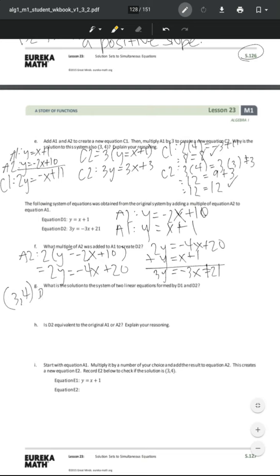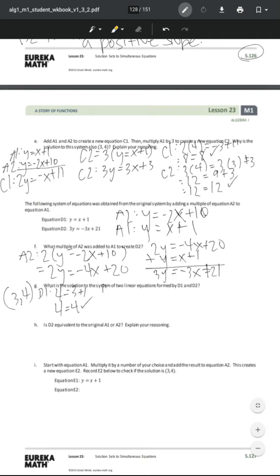D1 should be simple. We should already know if that's a solution because it is the same thing as A1, B1, and so on. Plugging in (3, 4), we get 4 equals 4. So that tells us that D1, of course, has the solution (3, 4).